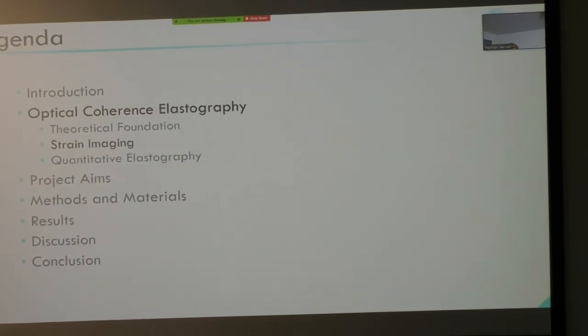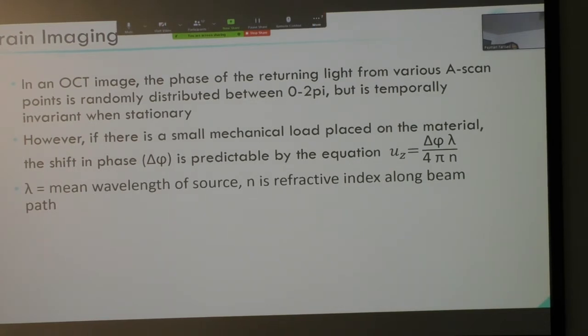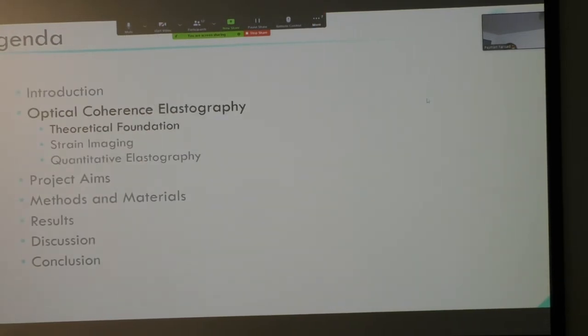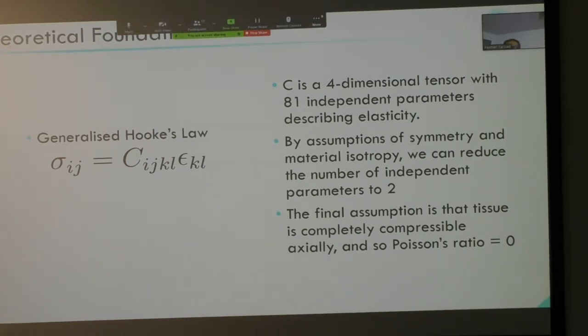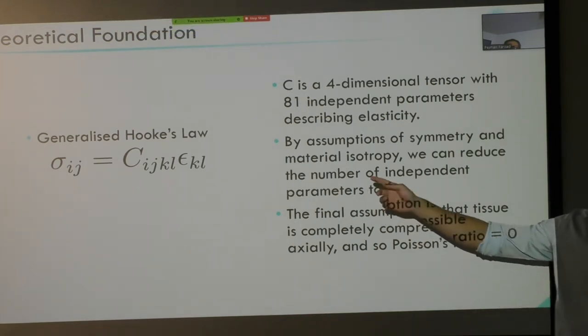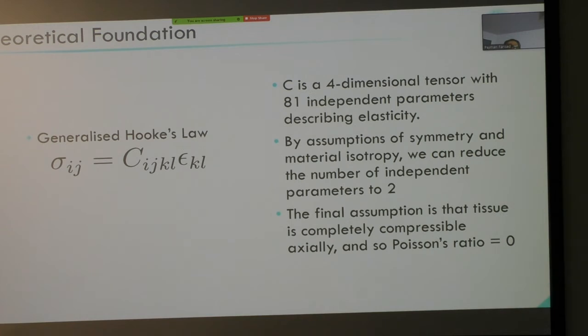Sorry. How to describe elasticity within a material. We use the generalized Hooke's law, which relates the strain to stress by a 4-dimensional tensor, C. C has 81 independent parameters to describe elasticity, and we can reduce that to 2 by making assumptions based on mechanical homogeneity and isotropy.